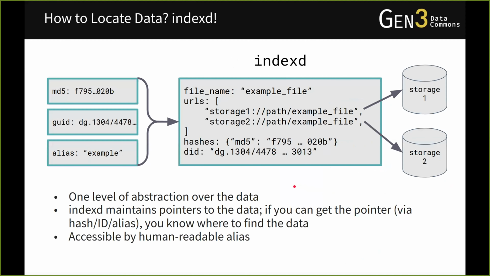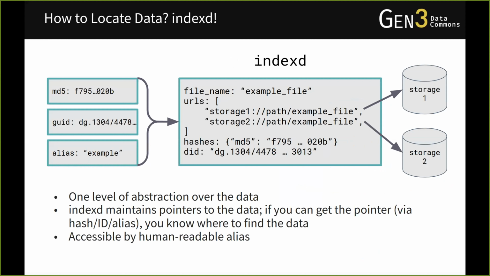The way that we do that is basically an abstraction layer over the object URLs where the files actually physically live in buckets. And that abstraction is in the form of this kind of JSON blob that contains minimal file metadata, including MD5 sums, file sizes, file names, and then most importantly, the URLs that this file is located at.